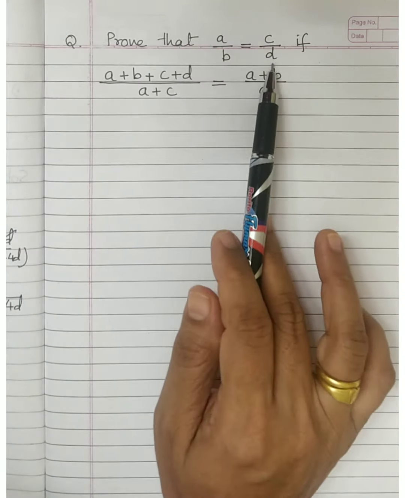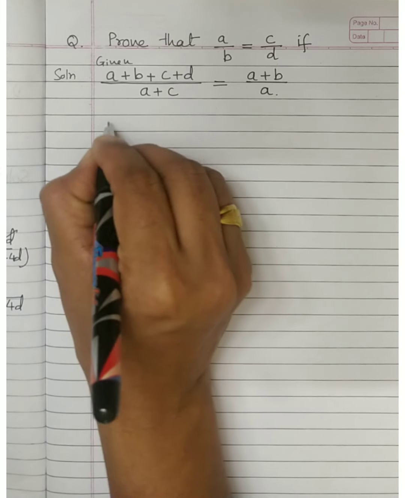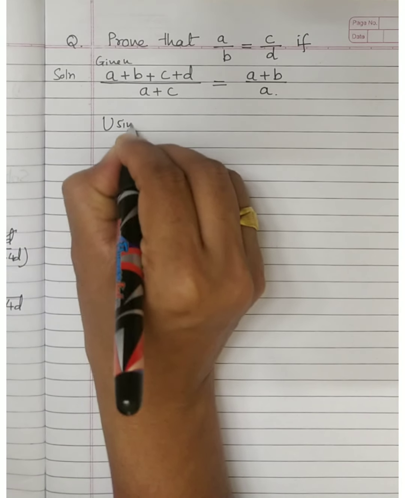So we start with what is given. Observe the terms very carefully. Some elimination can be done. A and C can be eliminated so that B plus D is left, and here A is eliminated so B will be left. So for that, what I have to apply is dividendo.